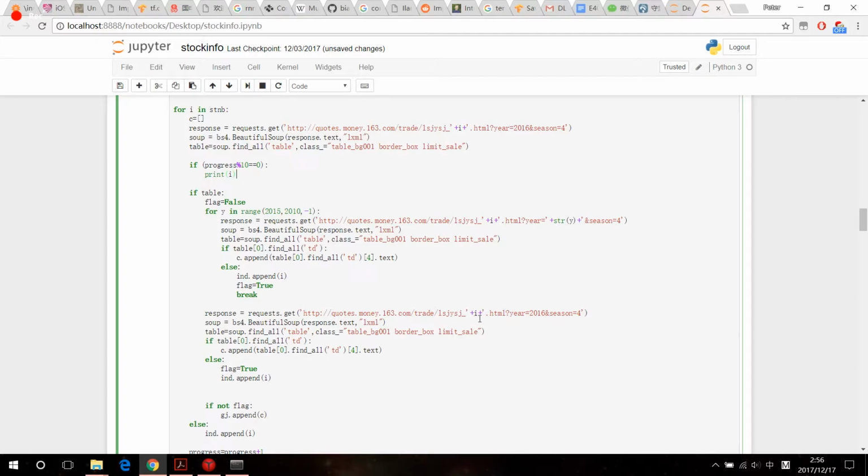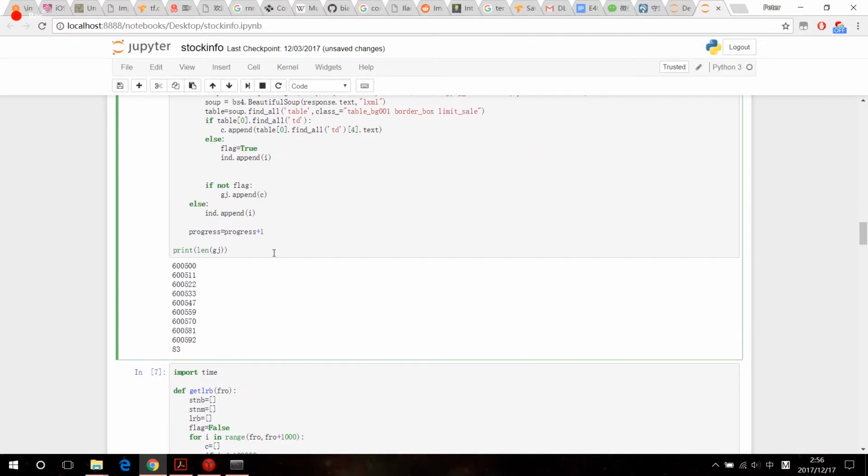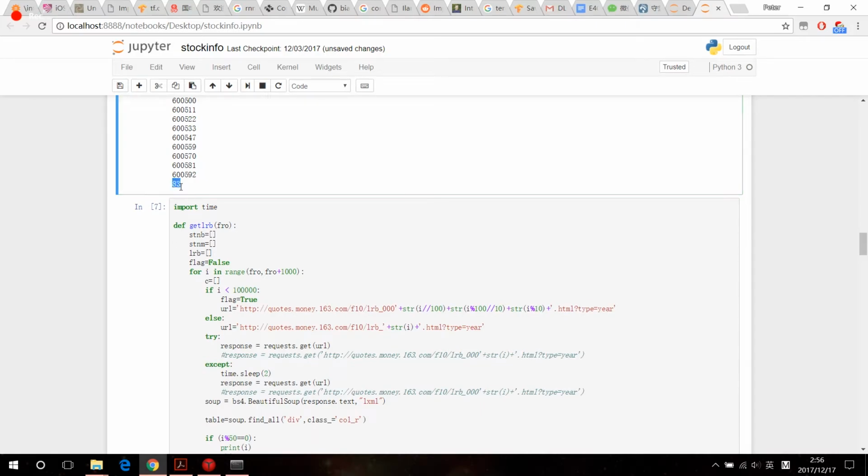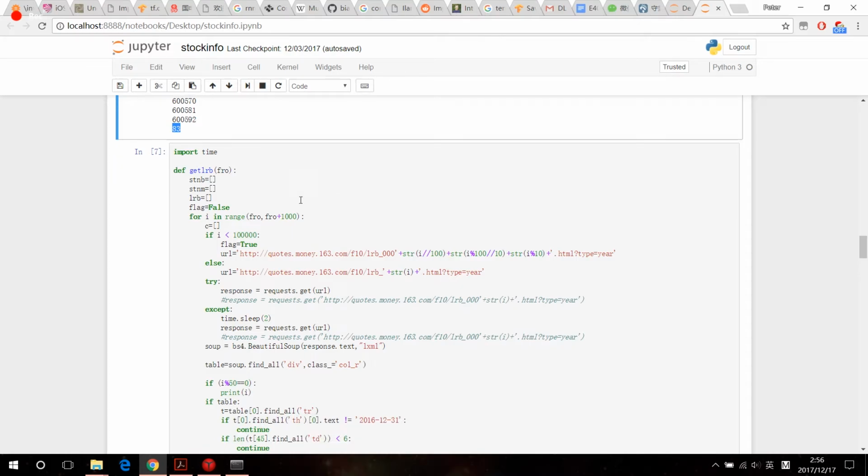As you can see, in this part I use the stock price of the last day of the year, which is December 30 or December 31. And you can see we got stock prices for 83 stocks.